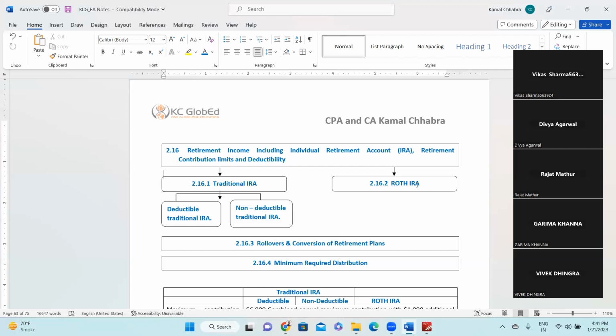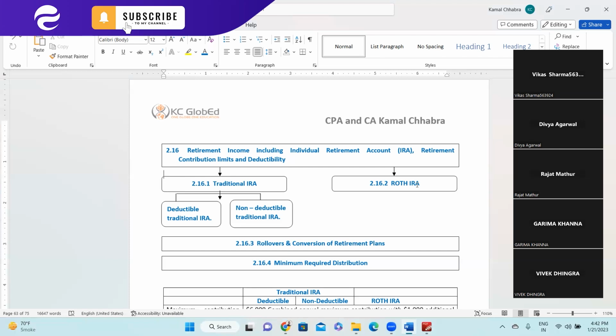For example, let's assume your client is a salaried employee. He or she is earning in the years when he or she is working. But after retirement, he or she may not have that much income.